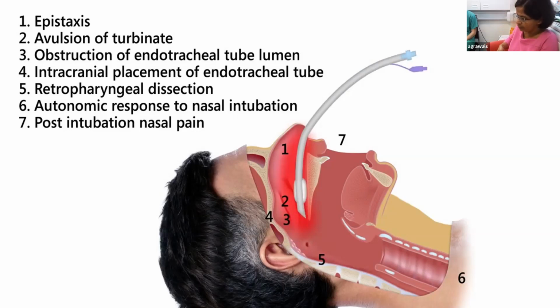And the ideal way you swap the oral tube to the nasal tube is leave the oral tube. The advantage is you can still oxygenate the patient with that tube. Somebody's bagging that patient with the oral tube, and then you stick the nasal tube in, and then you push it down. You see it at the back of the throat with the laryngoscope. You put the Magill forceps in, and then you bring it as close to the vocal cords as you can, and then you ask someone else to pull out the oral tube and you slip it in.